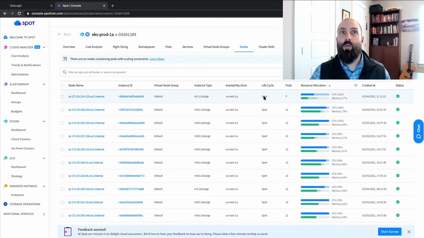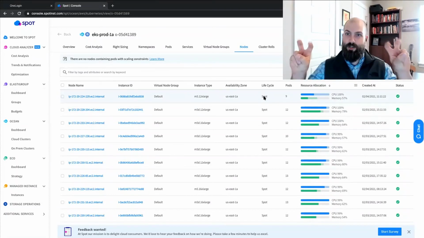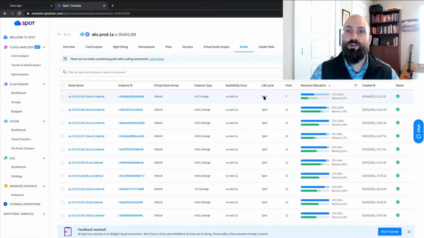I think one of the common misconceptions that we run into is that sometimes people think, okay, this is just a product that runs my workloads on Spot instances within Azure or AWS, and that's not the case. That's like saying your car is just a set of wheels. Most people have some kind of affection for their vehicle, or they have chosen whichever one it is for a reason.